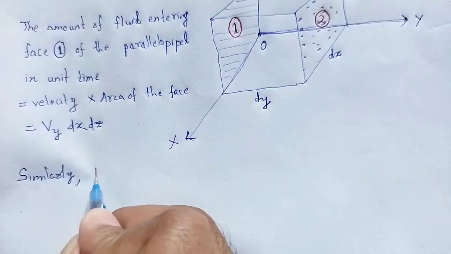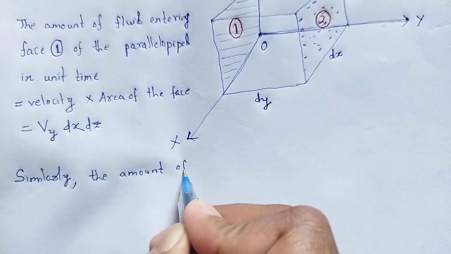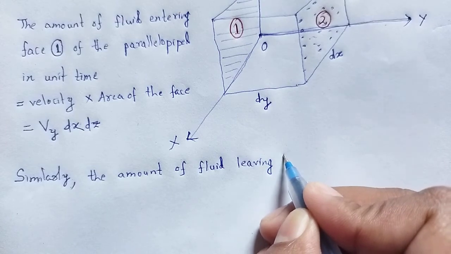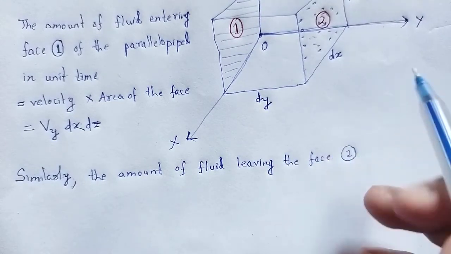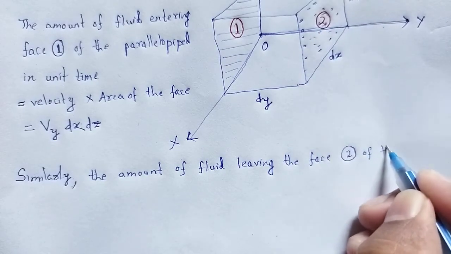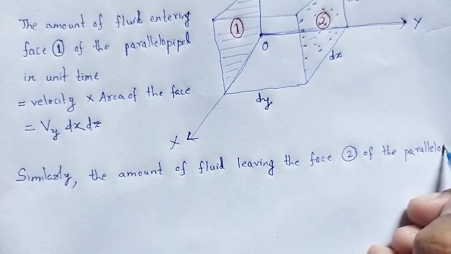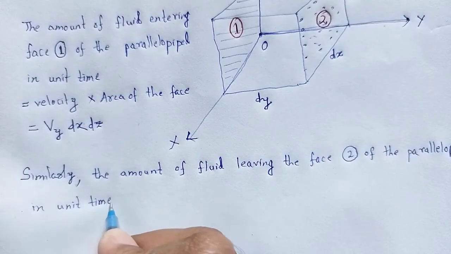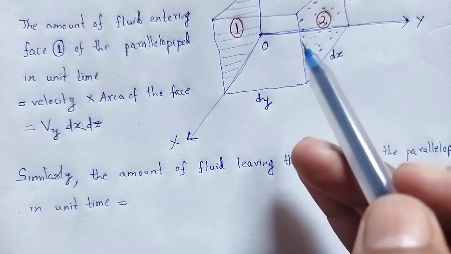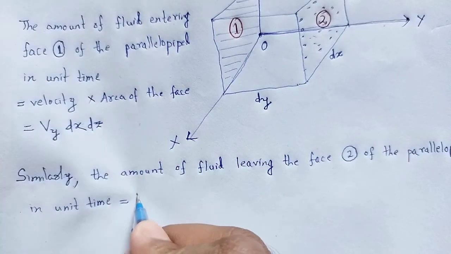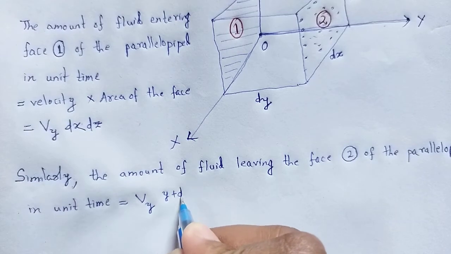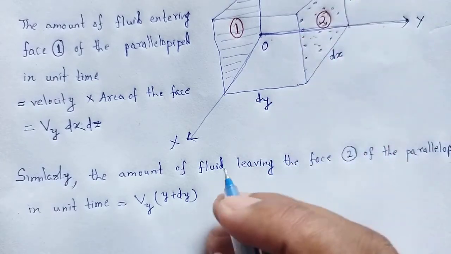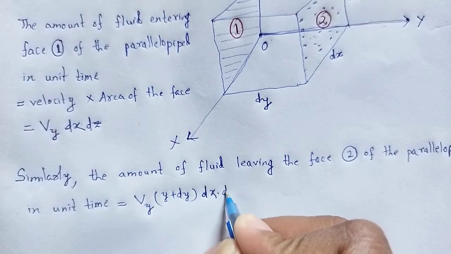Now similarly we can write the amount of fluid leaving face 2, that is the one with the dotted line, of the parallelepiped in unit time is equal to the multiplication of area and velocity component, Vy at y plus dy, as it is dy distance apart, and again the area dx into dz.